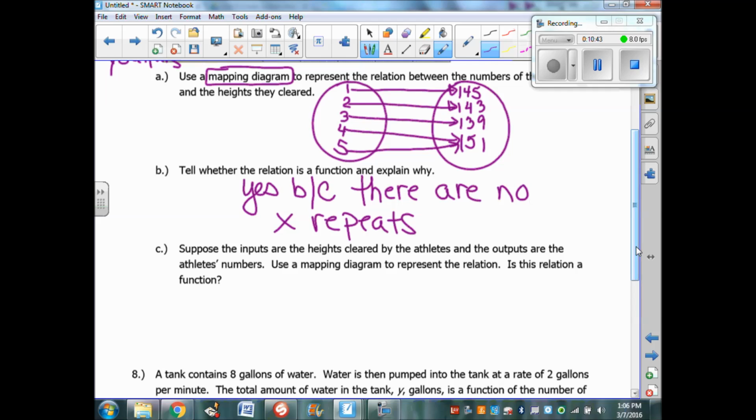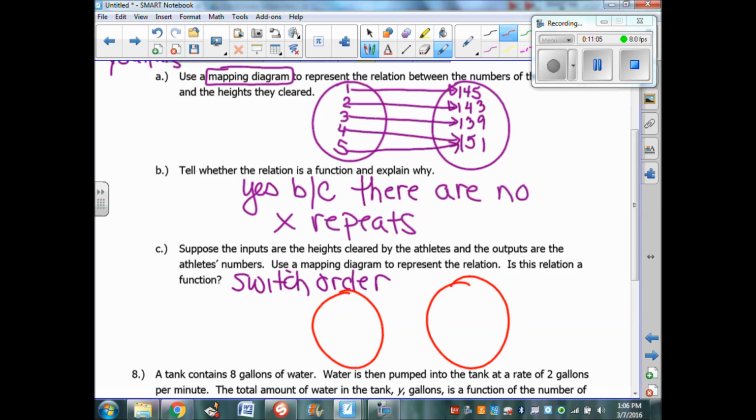Now it says, suppose the inputs are the heights cleared by the athletes and the outputs are the athletes' numbers. So in other words, we're switching the order. So instead of me drawing this again, well, I should draw it again. Never mind. I'll draw it again. Let's draw this.